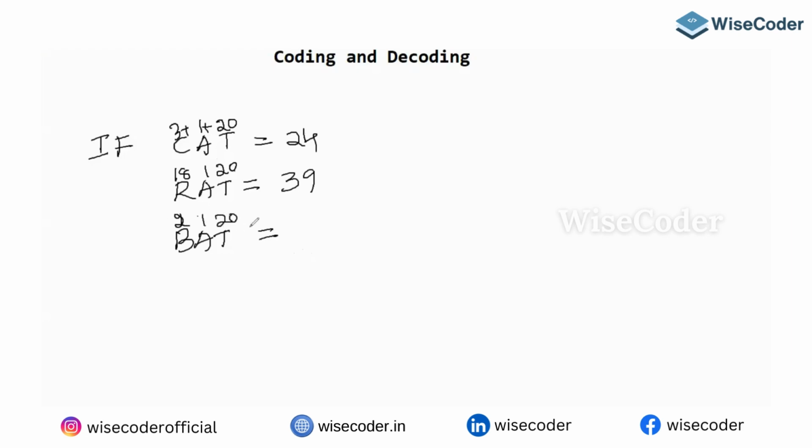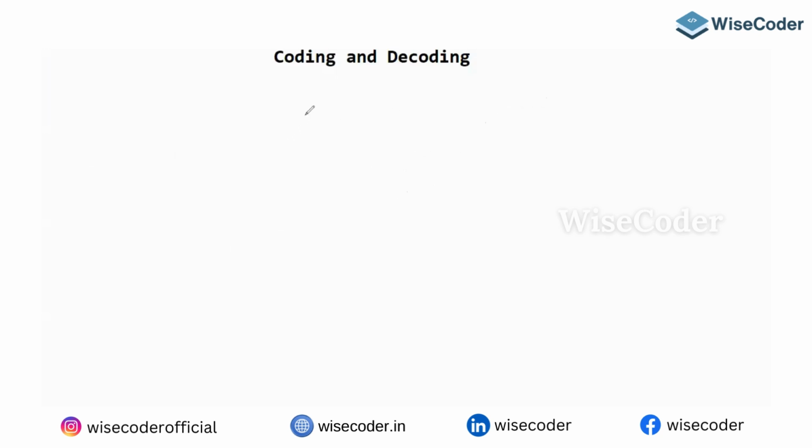If you add all 3, you are going to get 23. So what is the logic here? The logic is the sum of the place values.